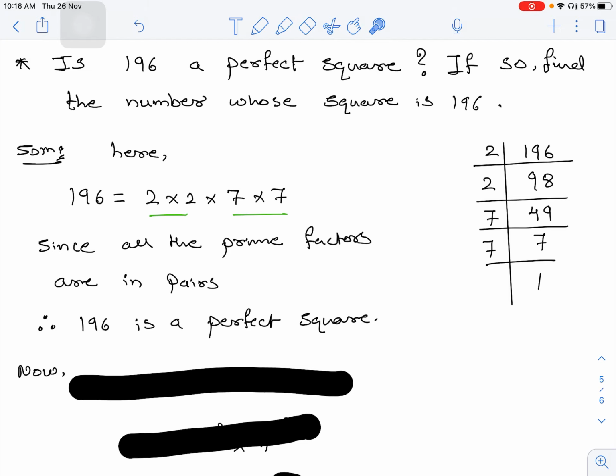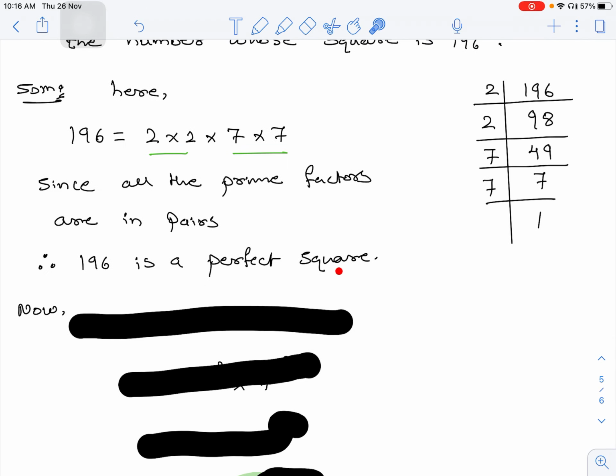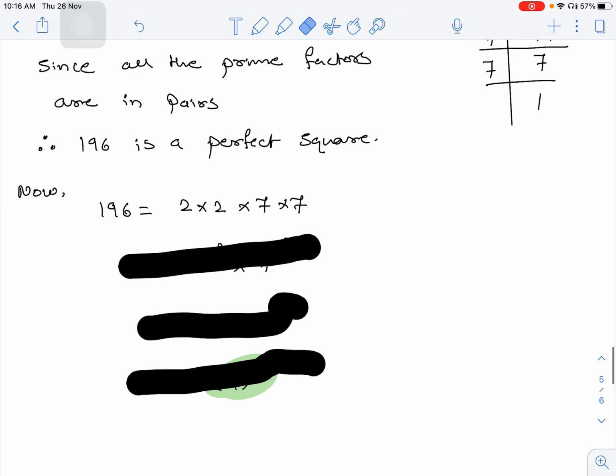Now we have to find that it is a square of which number. Okay, so again, 196 can be written as 2 into 2 into 7 into 7. Now 2 into 2 we can write in exponential form as 2 raised to 2, and 7 into 7 in exponential form as 7 raised to 2.